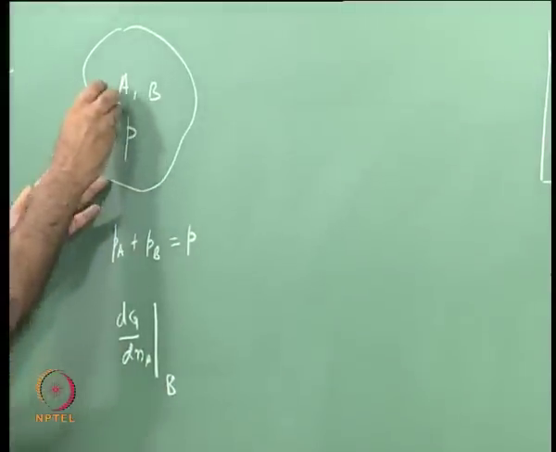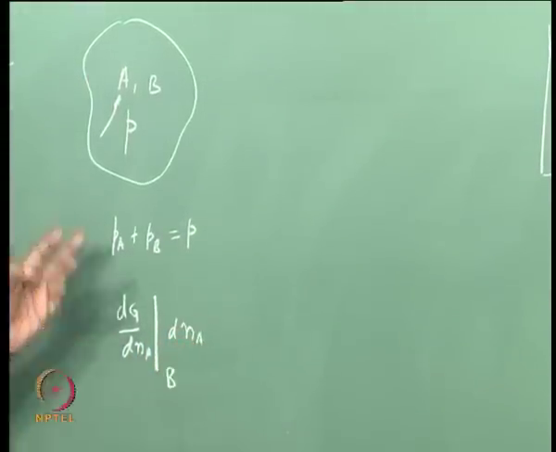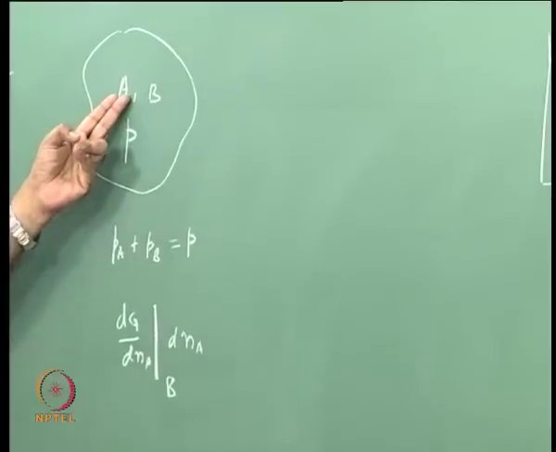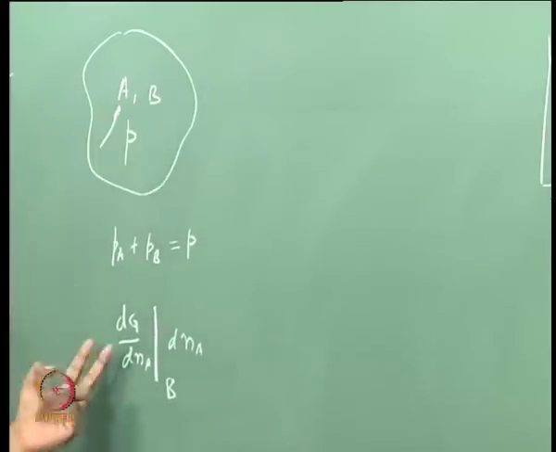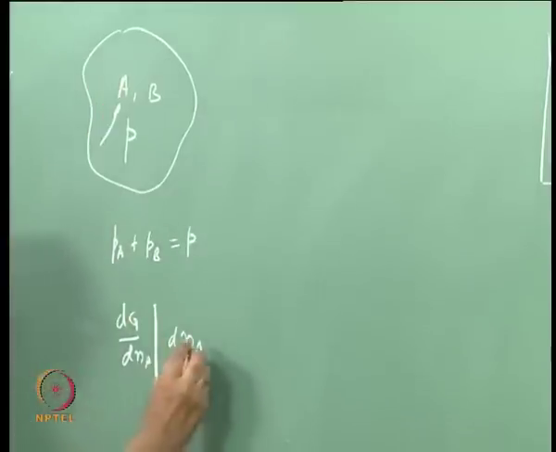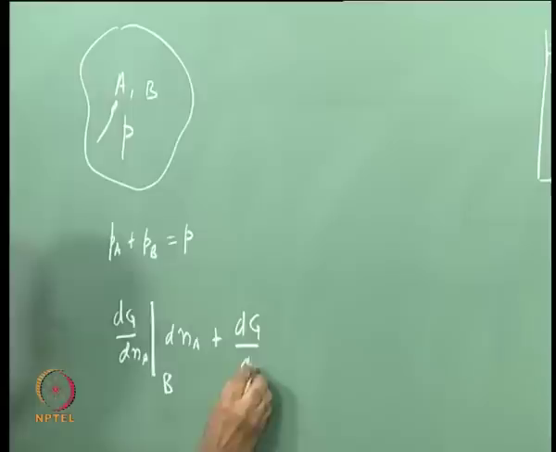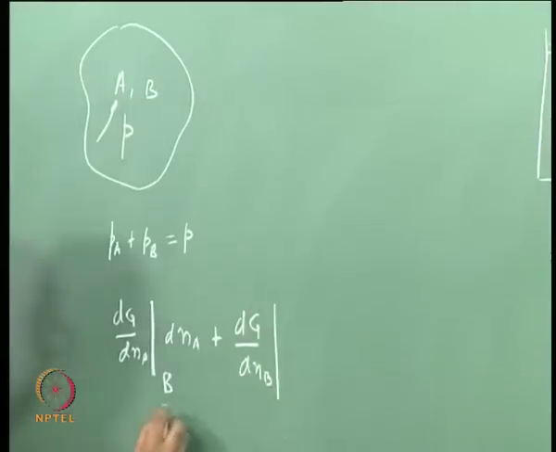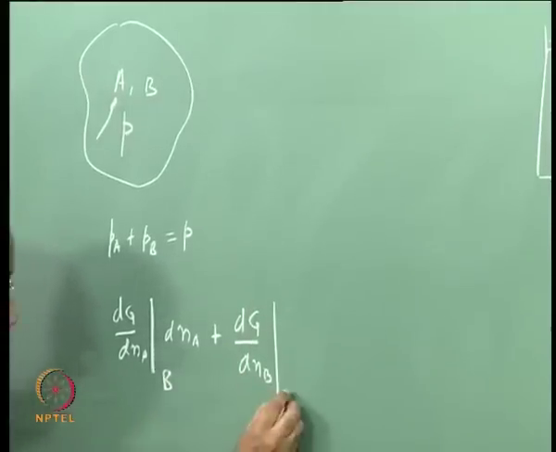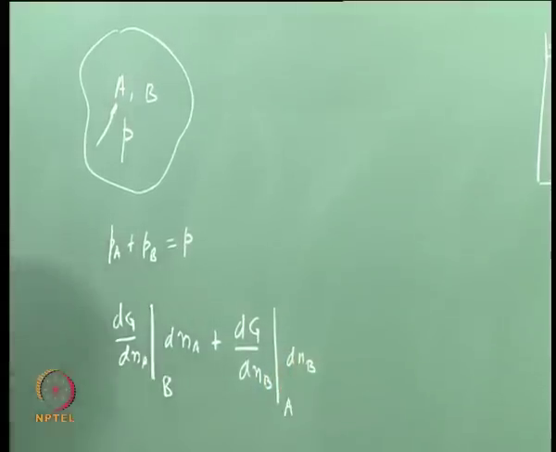I put dNA moles, and therefore the change in Gibbs free energy when I add dNA moles of A keeping B constant, I can write it this way, and similarly I put some moles of B in this, I can write it as dG by dNB keeping A constant, into dNB over here.